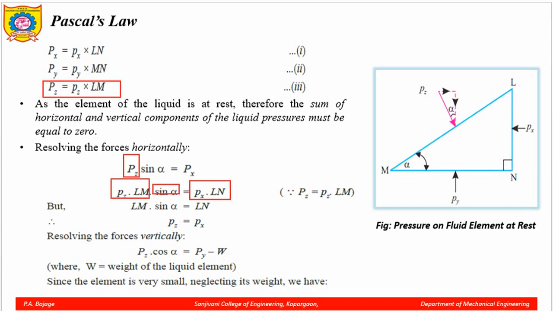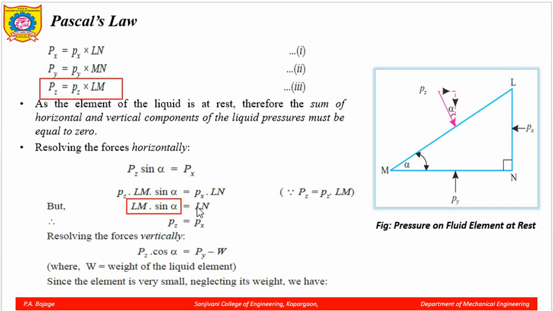Now, we can write Lm sine of alpha is equal to Ln.